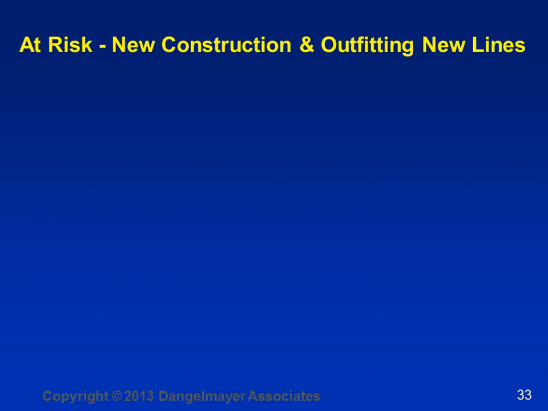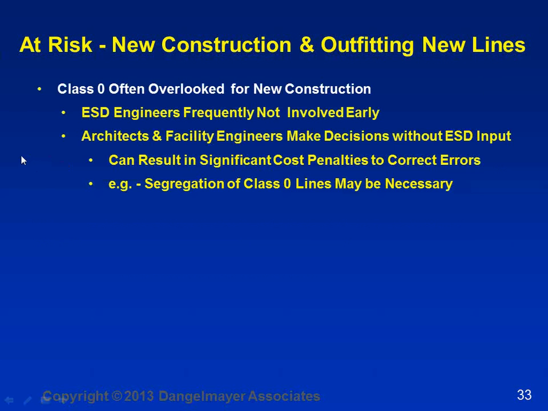New construction. This is an area that is almost always overlooked. Frequently, the ESD engineers are not involved in the early phases, which means that the architects or facility engineers are making ESD decisions without the subject matter experts. And the penalty can be catastrophic.